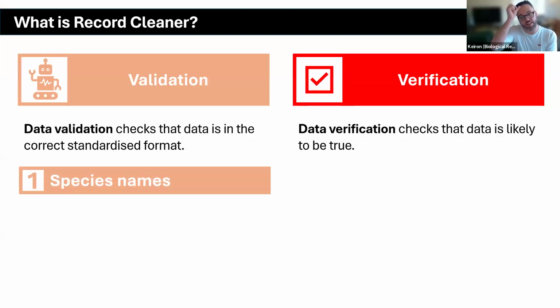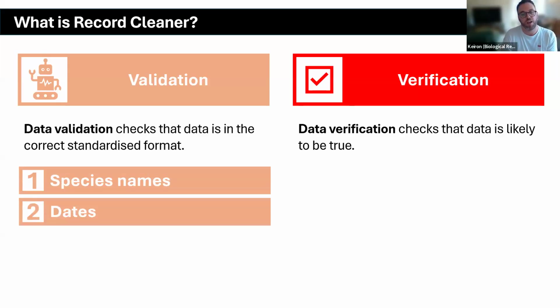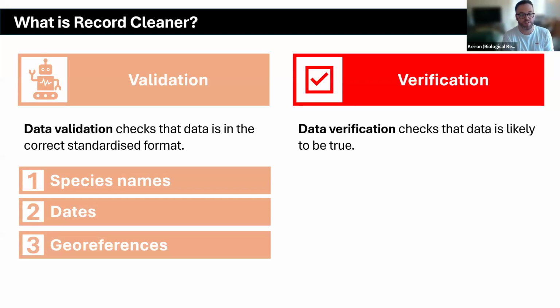So what can it validate? First of all, like we've mentioned, it can validate species names. So it will check that they are in the correct format and current accepted names according to the UK species inventory. It will check dates are in an acceptable format. It will check georeferences. So it will look at things like a grid reference or a lat long. And if that doesn't make sense, it's in the incorrect format, then it will let you know.